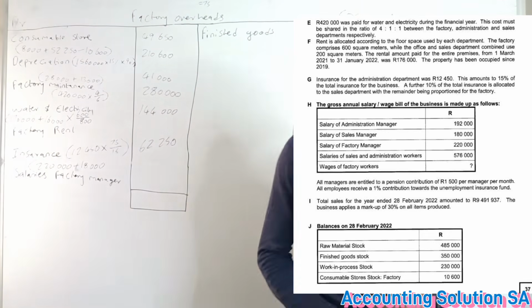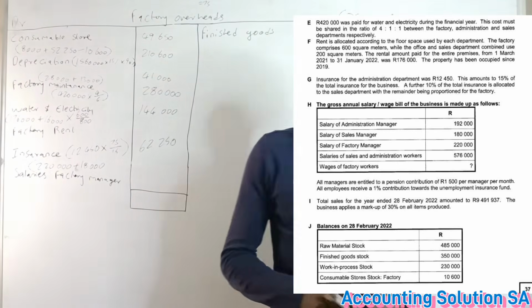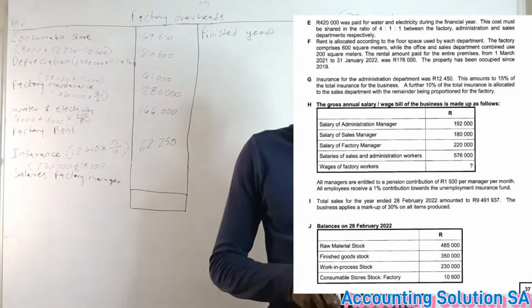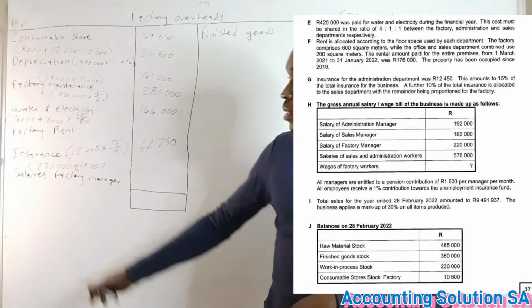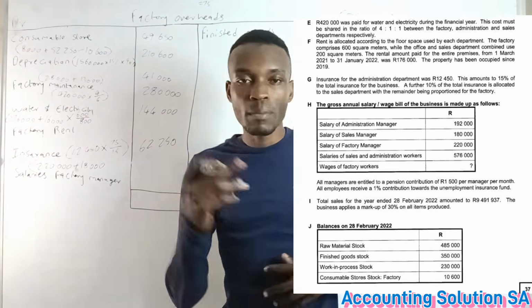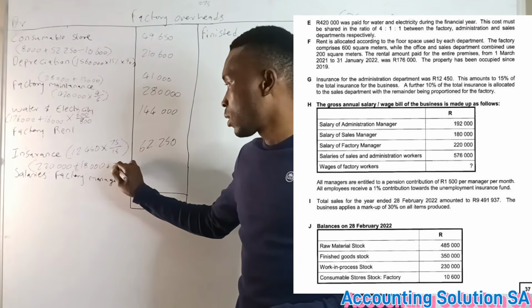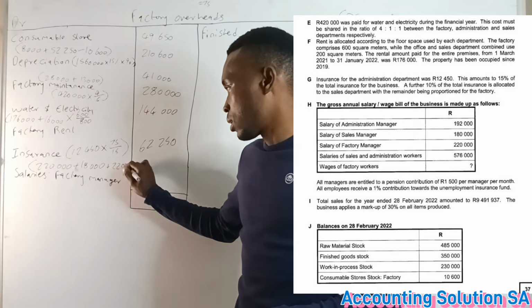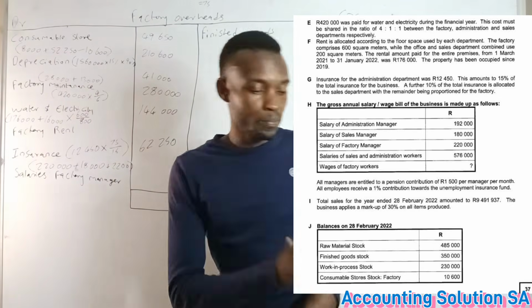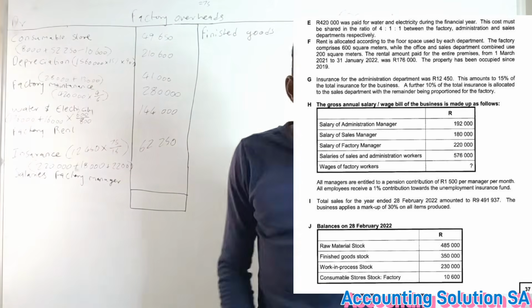Then after that we read the further transaction. All employees receive a 1% contribution toward the unemployment insurance fund, which means that we said 220,000 and we multiply by 1%, which is going to give you 2,200. Okay, then this one is for contribution, we add it as well.